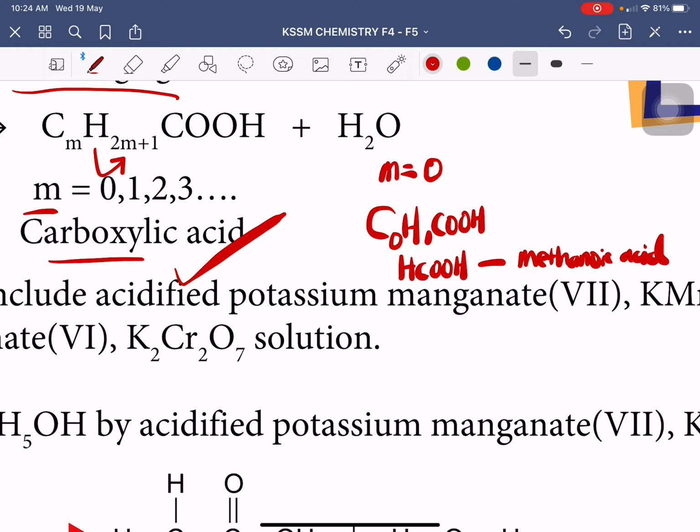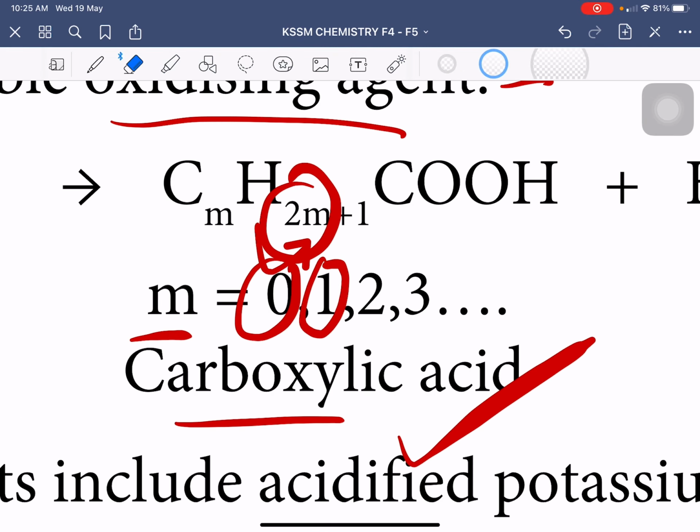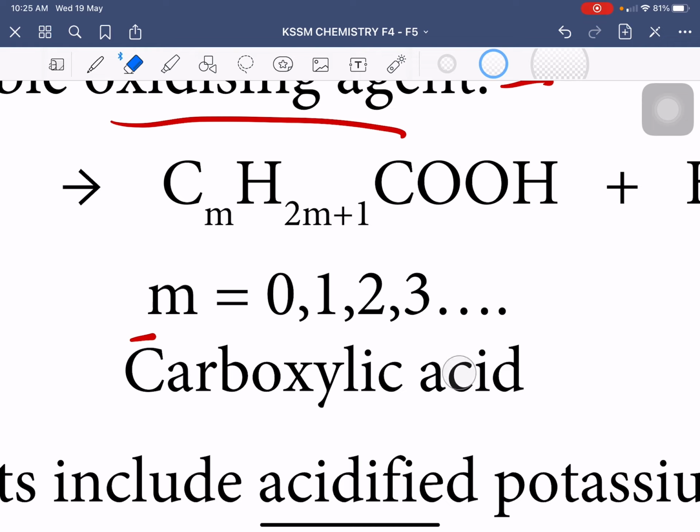For the second one, we don't write the 0, that's why I omit that. The second one is m equal to 1, so it will be C1H3COOH. This is the ethanoic acid. Remember, carboxylic acid is the only homologous series where the numbering of carbon atoms starts from 0, 1, 2, 3. The rest all start with 1, 2, 3.